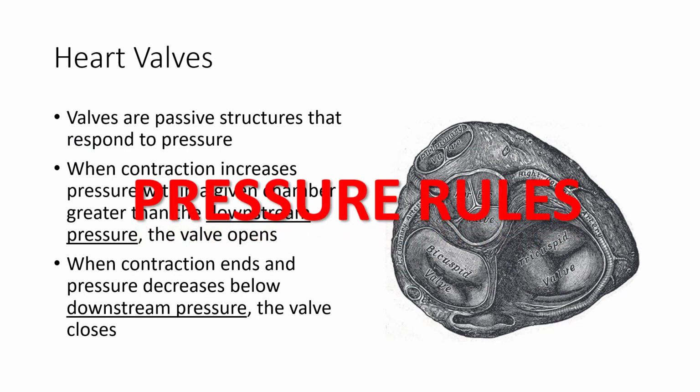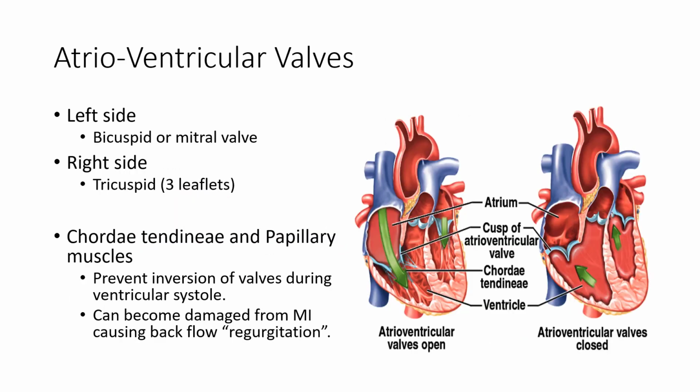So again, pressure rules. AV valves, our left side, bicuspid or mitral. Our right side is our tricuspid, because it has 3 leaflets. The chordae tendineae and the papillary muscles are really there because if we look at what happens at the beginning of systole, these shut, right? These are going to be shut, and we need something to keep these taut from flapping open.